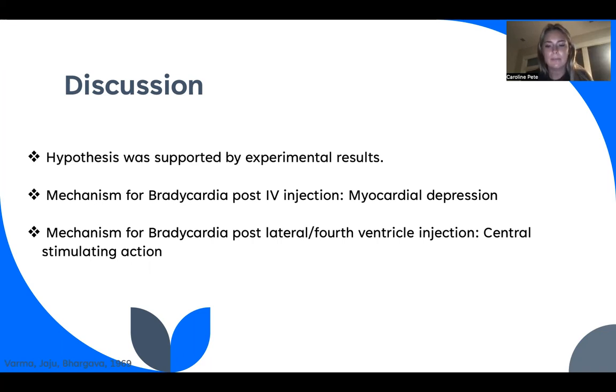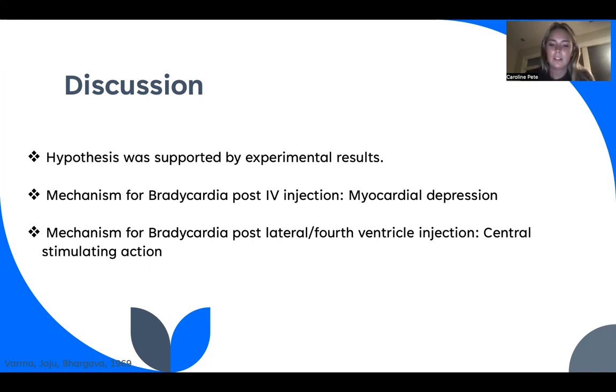For example, in normal dogs, the mean decrease in heart rate after injection was 48 beats per minute, and it was only 36 beats per minute with the use of a stabilizing device, and 30 beats per minute when the vagi were cut. However, when the cervical cord was transected, there was no additional reduction.